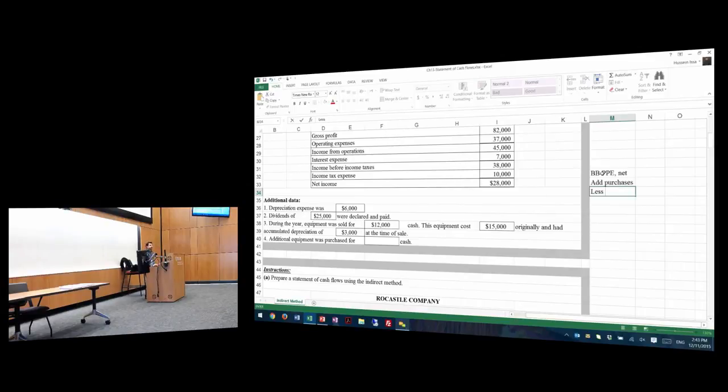So what do you have next? Sales. Less sales of equipment. And then you need to subtract depreciation. Less depreciation. What else? You still have gains and losses. Add gains less losses. This will give you the ending balance. Okay? PPE net.